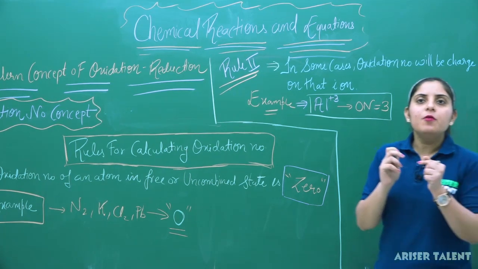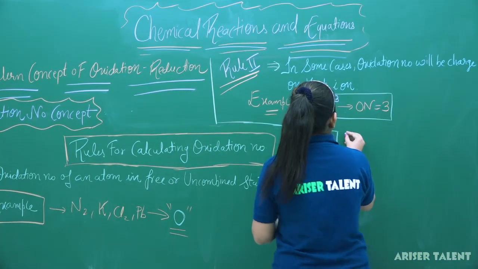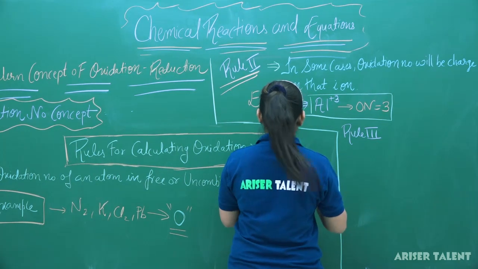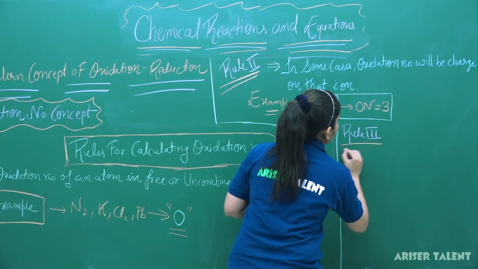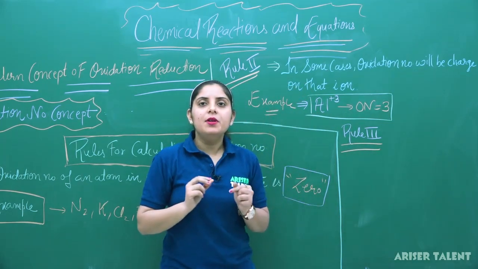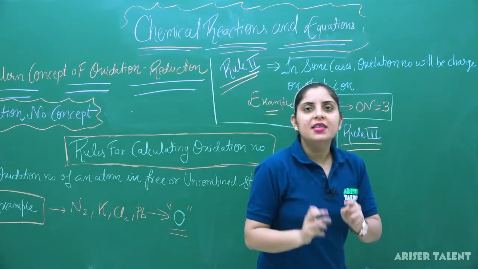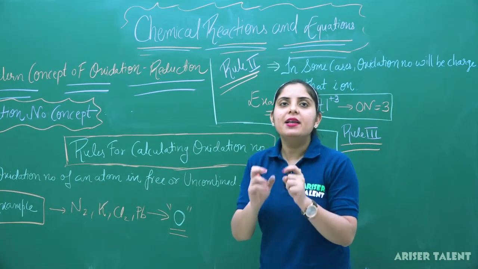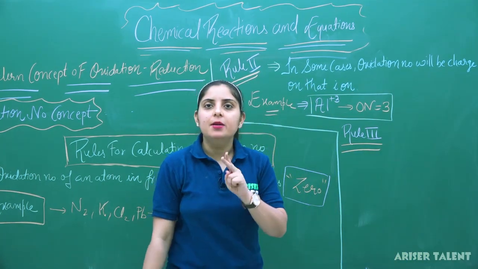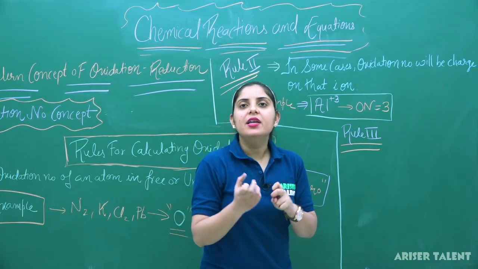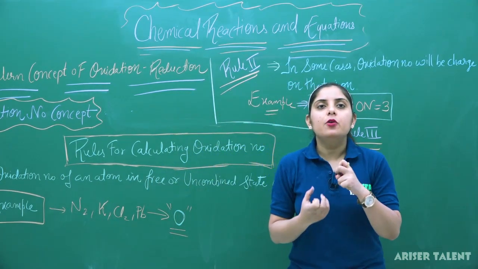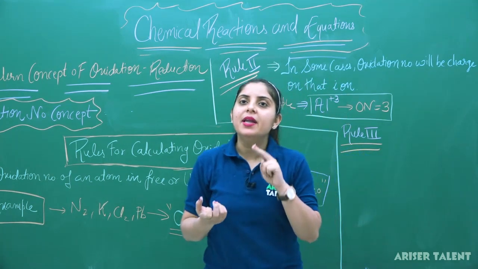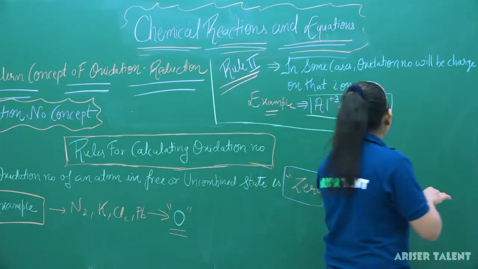Now we are on our rule number 3. The oxidation state in case of alkali metals is +1. In case of alkaline earth metals, we have oxidation state +2. For electronegative elements, the element which is more electronegative will have a negative oxidation state.